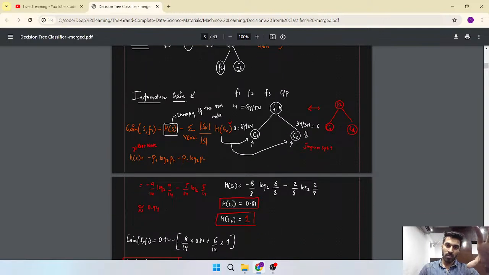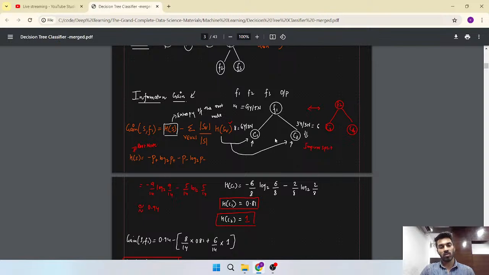Suppose you are splitting on f1, then it is the entropy minus the summation of the probability of Sv upon S, multiplied by the entropy of C1, the category 1, not feature, it is basically a split.